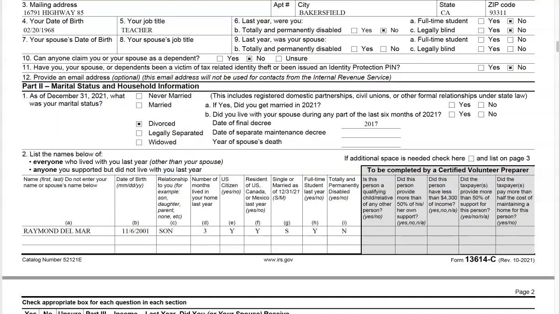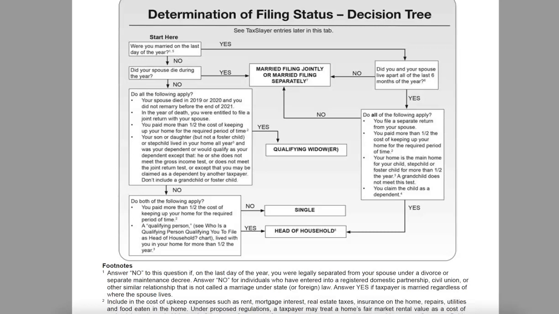Now that you've answered questions about Raymond, you can use that information to determine what tax benefits he brings to the taxpayer, Sophia, his mother. There are 3 different ways to do that. The first is to use the tools that are in Pub 4012 in Tab B. This is the first of them, the Determination of Filing Status Decision Tree.